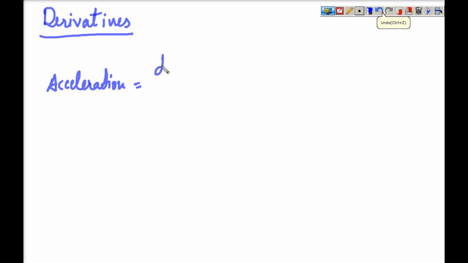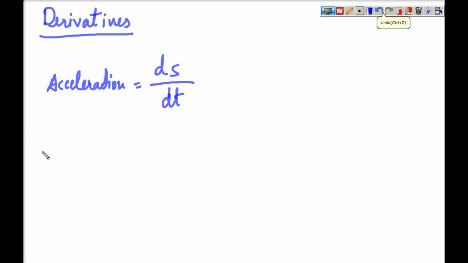So I'll just write it as ds by dt. So ds is the change in speed with the corresponding change in time. This is why derivatives are very important in real life.